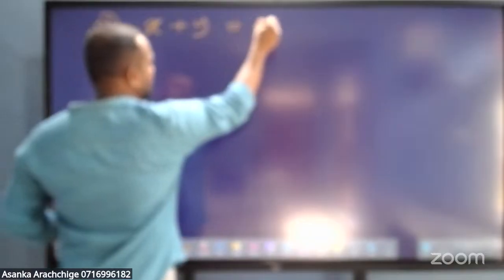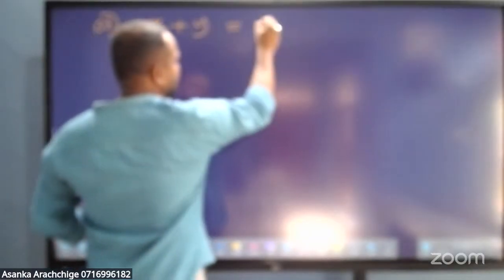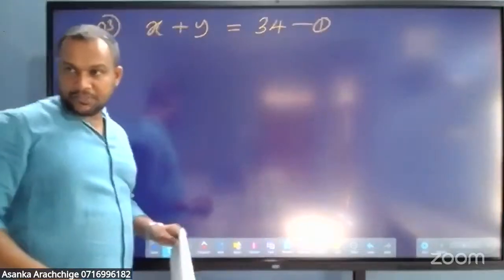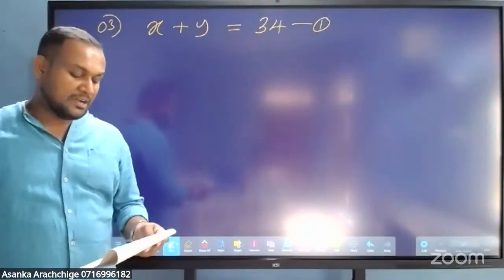Therefore, x plus y must be 34. This is the first equation in terms of x and y.